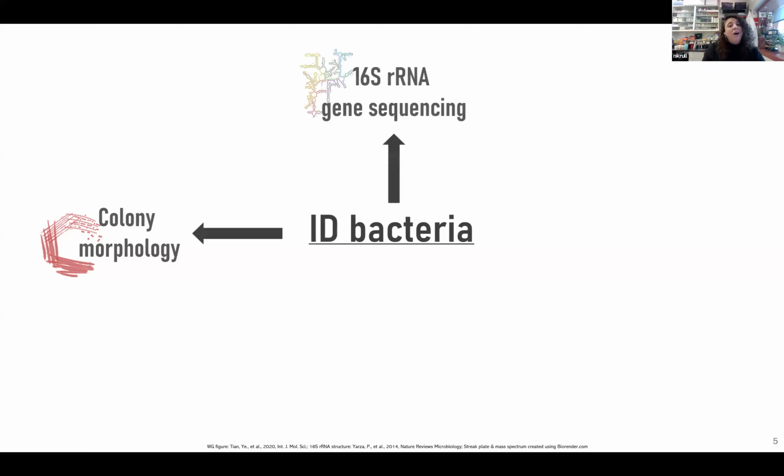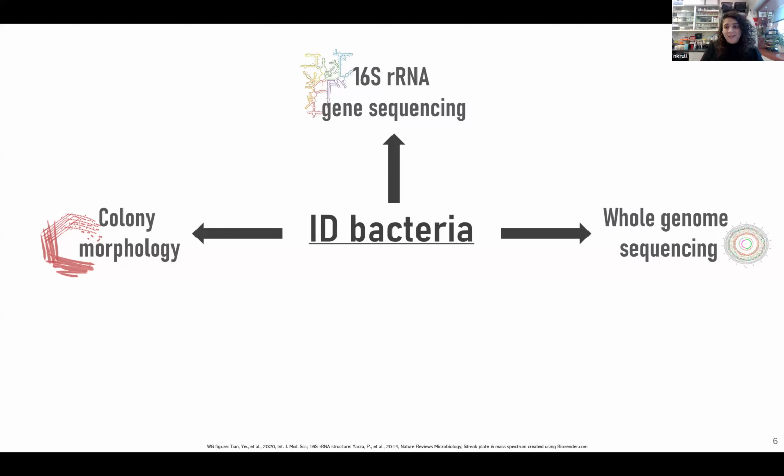So we can move on to technological advances such as 16S rRNA gene sequencing, where we have the ability to highlight this highly conserved gene within bacteria. And while this has become one of the most common methods in identifying bacteria, it becomes cost prohibitive when you are working with, again, hundreds to thousands of bacterial strains. And it also just gives you a little glimpse into the bacteria that you're working with.